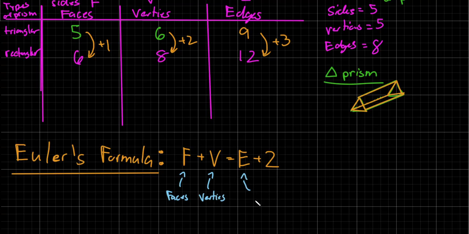What does E stand for? Edges. Plus 2. Yep, you have to add 2. This is the formula: our faces plus our vertices equals our edges plus 2. Euler's, however you want to pronounce his name.